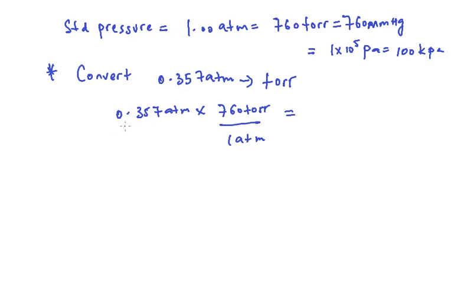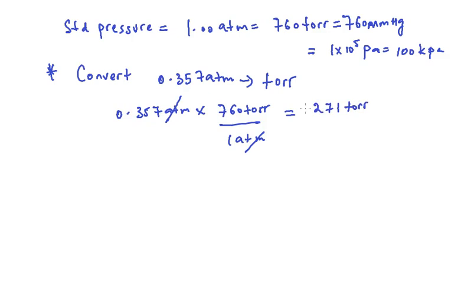So we multiply 0.357 atm times 760 torr, and the unwanted units will be eliminated, and we will have 0.357 times 760 torr. Most likely it gives you about 271 torr.